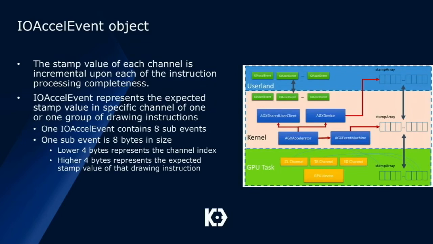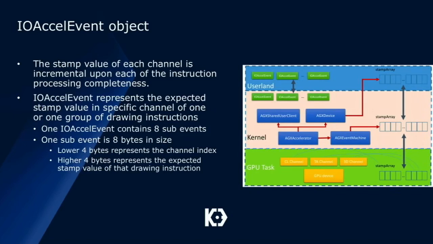And in the kernel side, there is also an object called IOAccelEvent, which represents the expected stamp value in a specific channel of one or one group of job instructions.